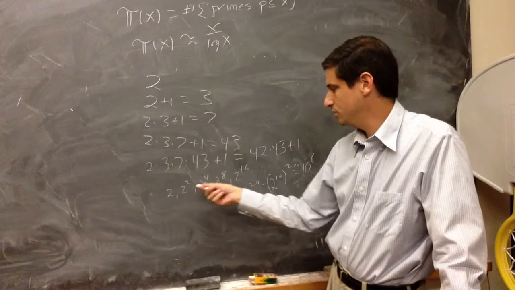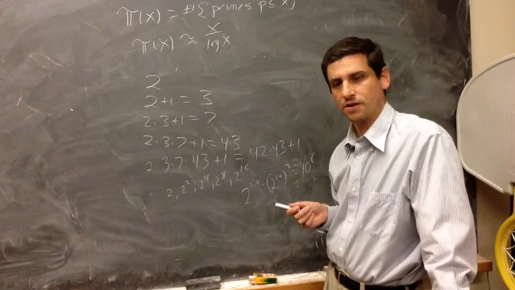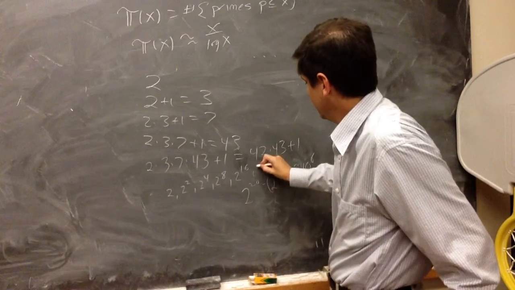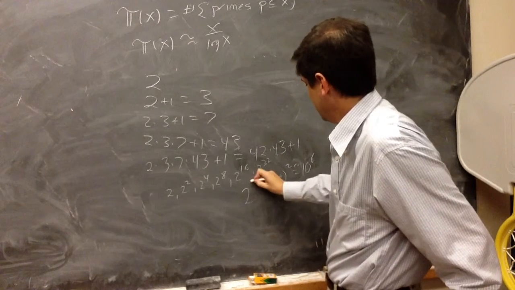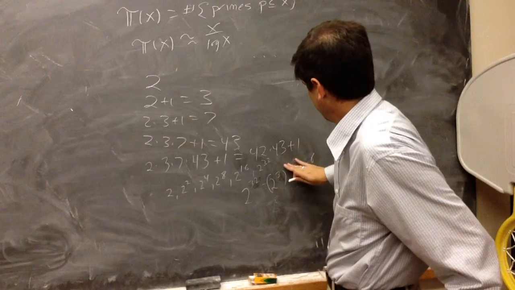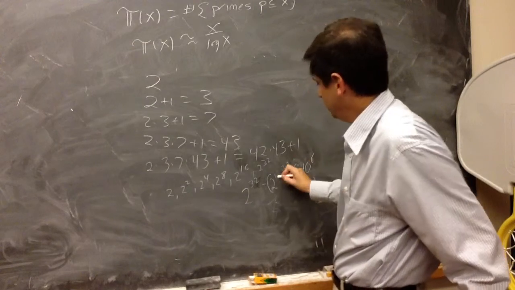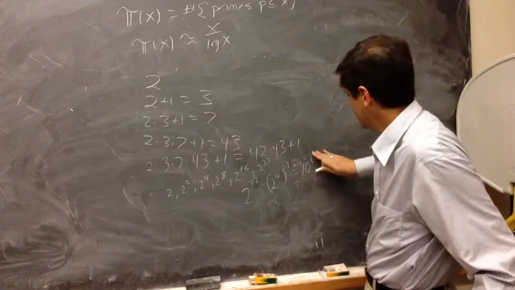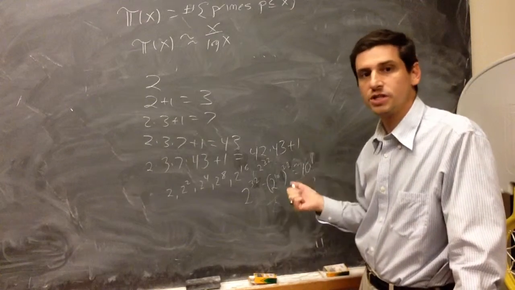So this would give us maybe about 5 or 6 primes less than 10 to the 6th. If we went all the way up to 2 to the 32, 2 to the 10 is about 10 cubed, so this would be about 10 to the 9th. And this just shows you how bad Euclid's argument is.